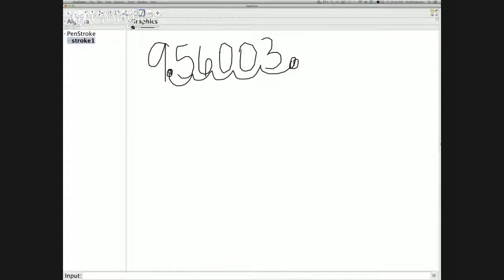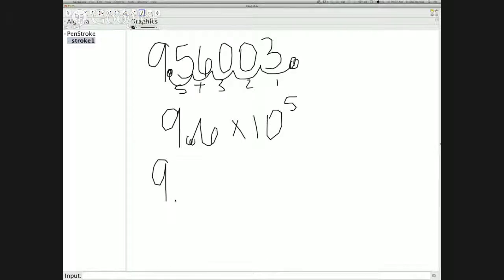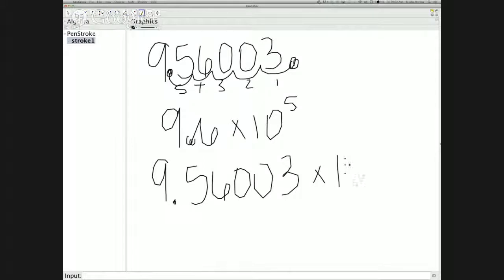I can round this, and it would be 9.6 times 10 to the, how many times did I move it? 1, 2, 3, 4, 5. 10 to the 5th. If I wanted all of it, there's not much of a point in using scientific notation, because then you didn't shorten it.